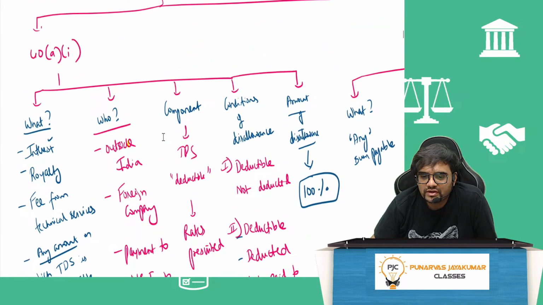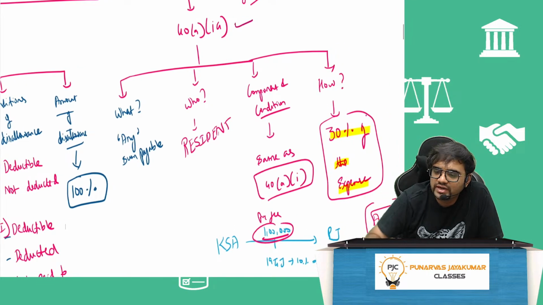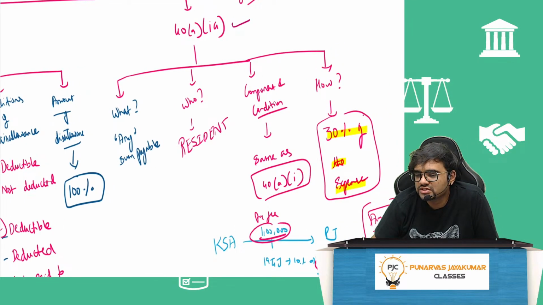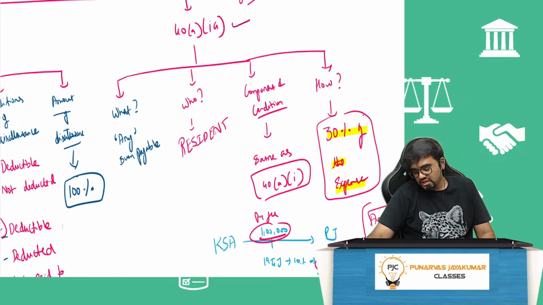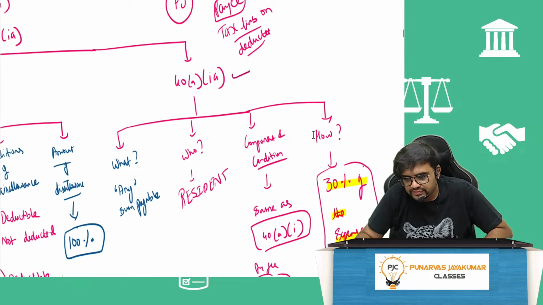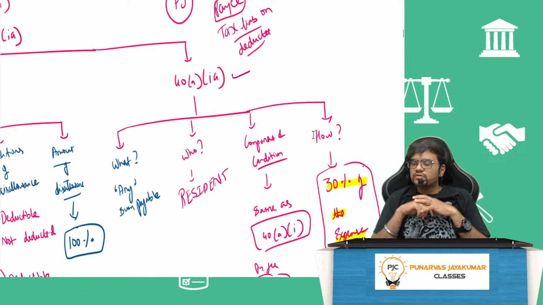This is 40(a)(i). Same to same copy paste is 40(a)(ia). But here it is not for non-resident, it is for resident. And here it is not interest, technical fee and all; here it is any payment. So any TDS component: I go and teach somewhere, they have to pay me 1 lakh rupees.